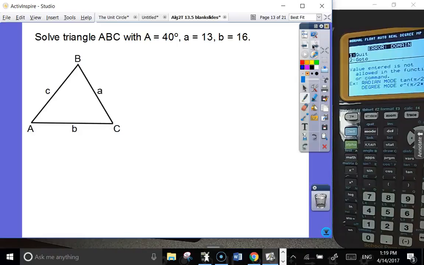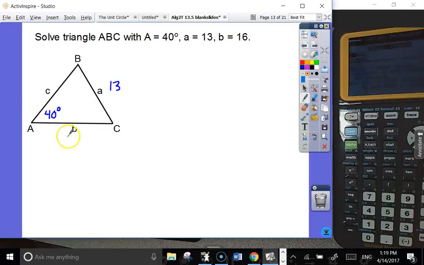Okay, now let's try this one. 40 degrees goes here, 13 and 16. And again, I'm going to go through the same process.